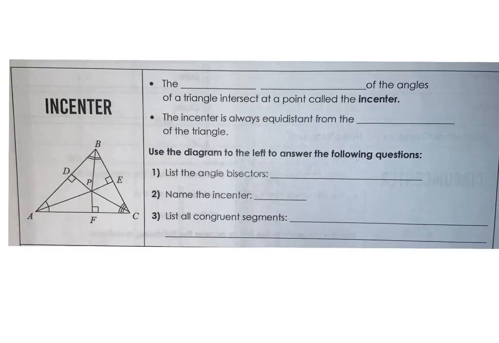For your incenters, it is the angle bisectors of each angle in your triangle. So the angle bisectors of the angles of the triangle intersect at one point.